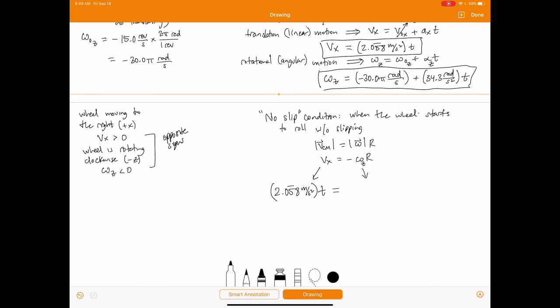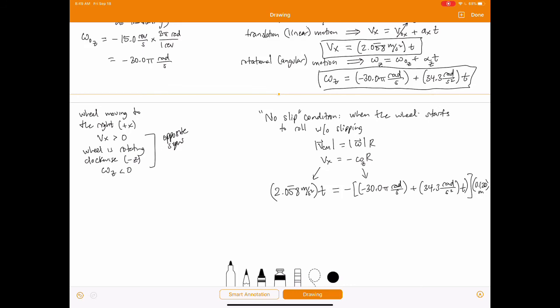On the right-hand side, we have minus omega z, which is negative 30.0 pi radians per second plus 34.3 radians per second squared times t. And then I have to squeeze in the factor of r, so that's 0.120 meters, okay?